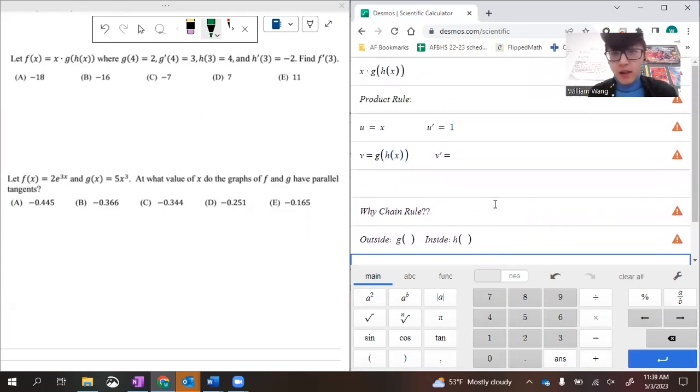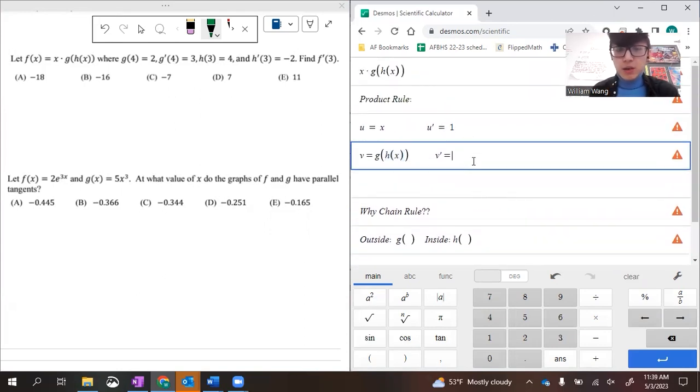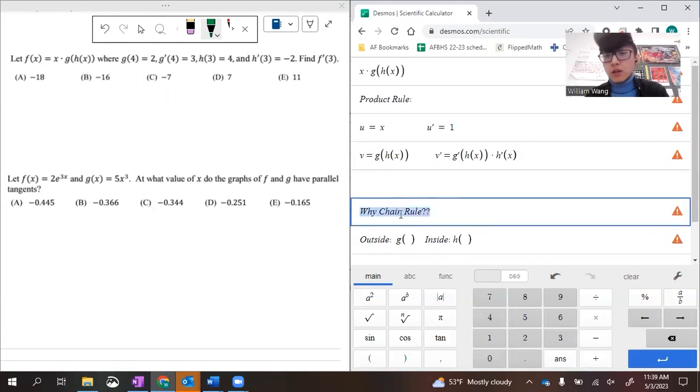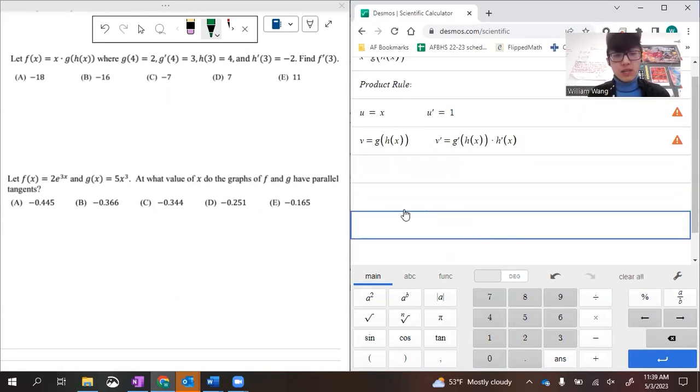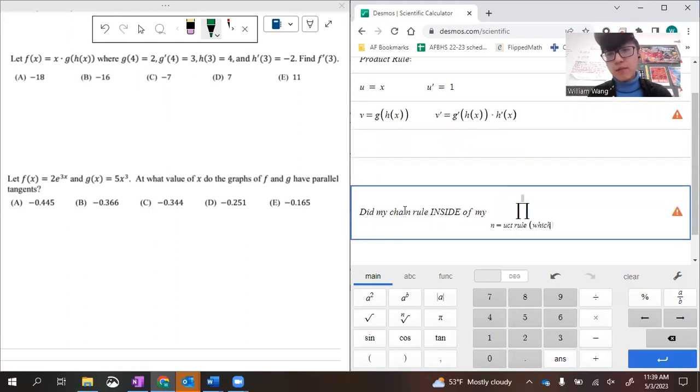That means my v prime is going to be what? It's the derivative of my outside, so my outside is g prime. The inside I leave the same, so h of x. Then I multiply by the derivative of my inside, so I multiply by h prime of x. All right, excellent. So I did my chain rule. If you notice, I did my chain rule inside of my product rule, which is fine.